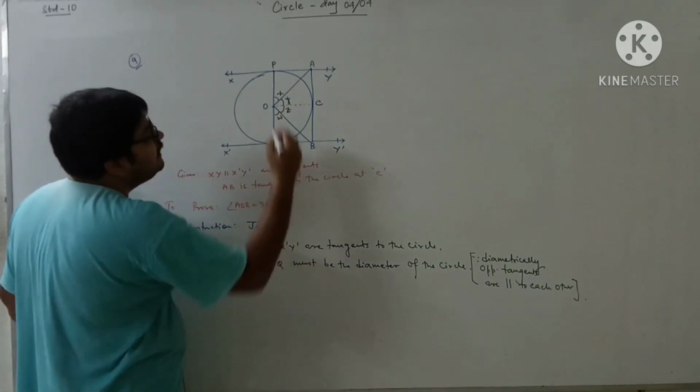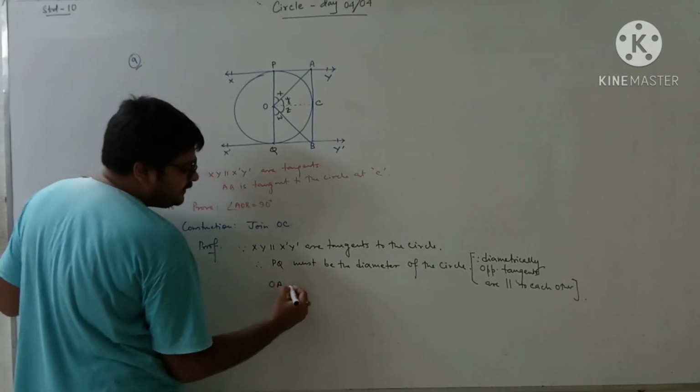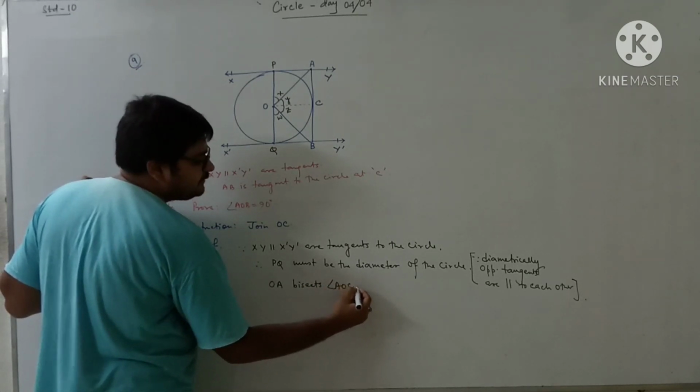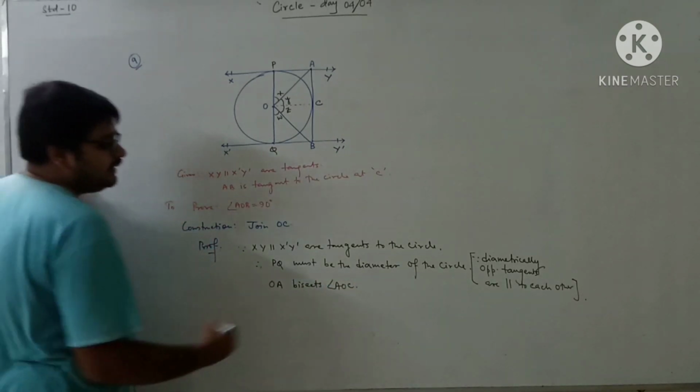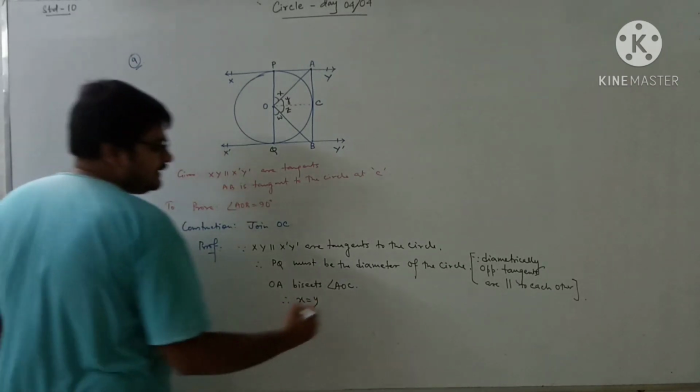Now OA bisects angle AOC. Therefore, X equal to Y. What is the reason?